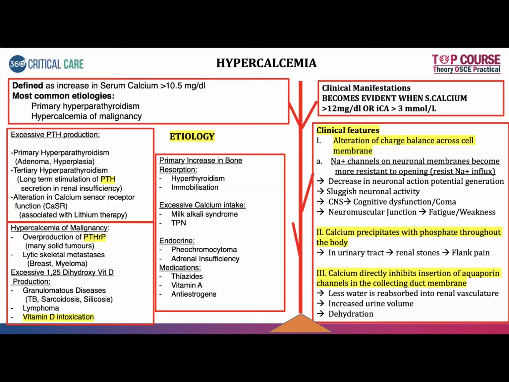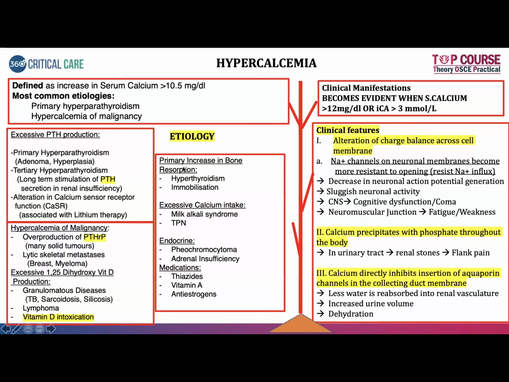Granulomatous diseases like TB, sarcoid, silicosis can cause excessive 1,25 dihydroxy vitamin D production. Also lymphoma can produce it. In vitamin D intoxication, the levels of 25 hydroxy vitamin D will be elevated.